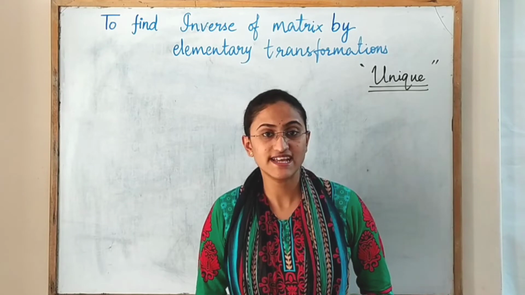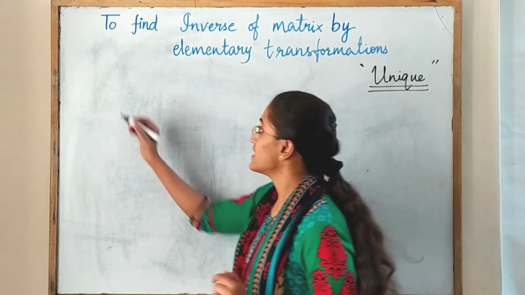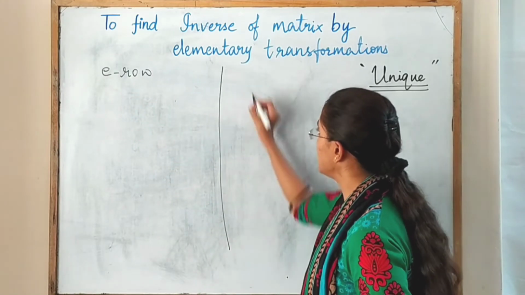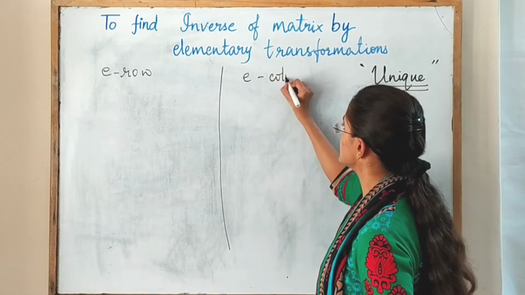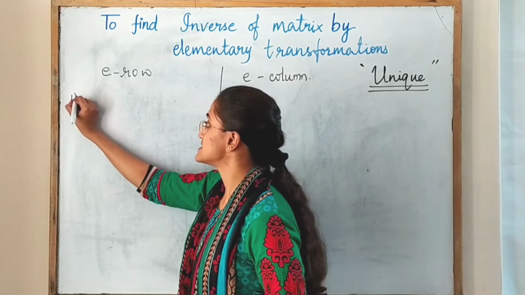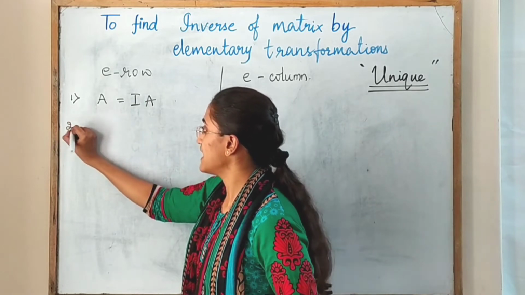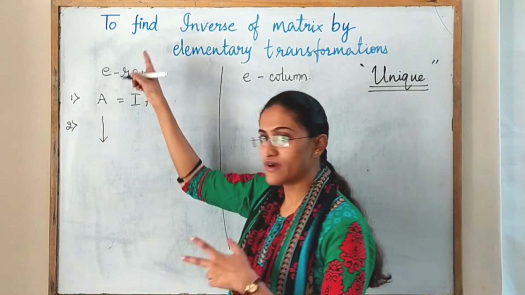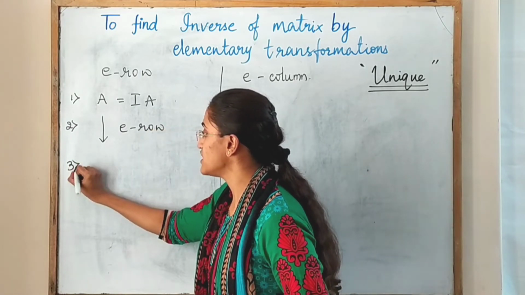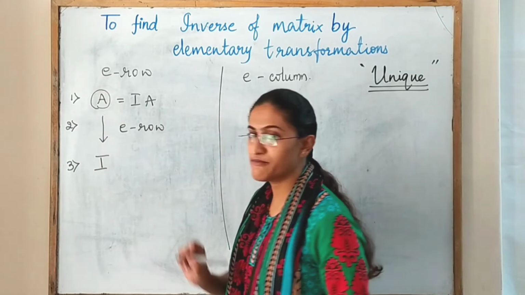As we had already learned, we have two types of elementary transformations: one is elementary row operations and the other is elementary column operations. For the elementary row operations, start with the step A is equal to I into A, then continue with a sequence of elementary row operations, and in the final step you have to convert the given matrix A into the identity matrix.